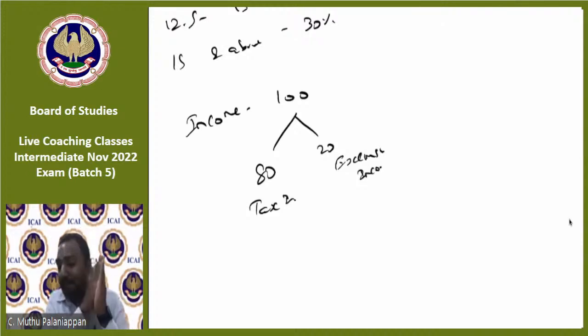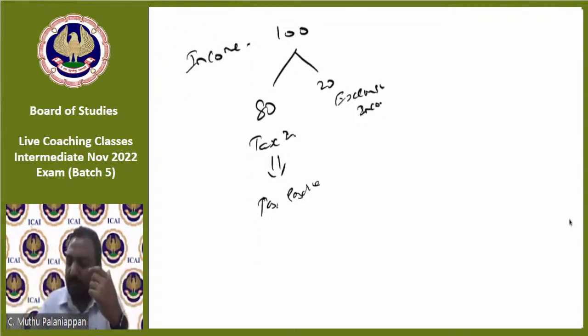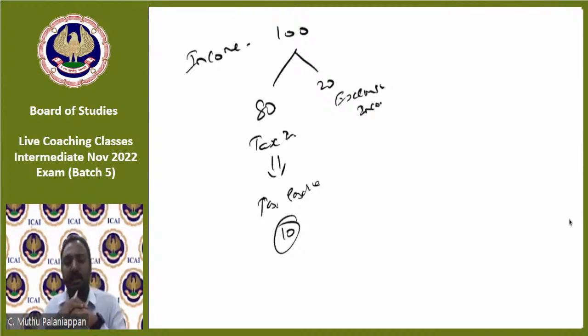Now, the income tax says you calculate tax on 80, tax payable. Let's say some amount, just for understanding purposes, we'll keep this as 10.